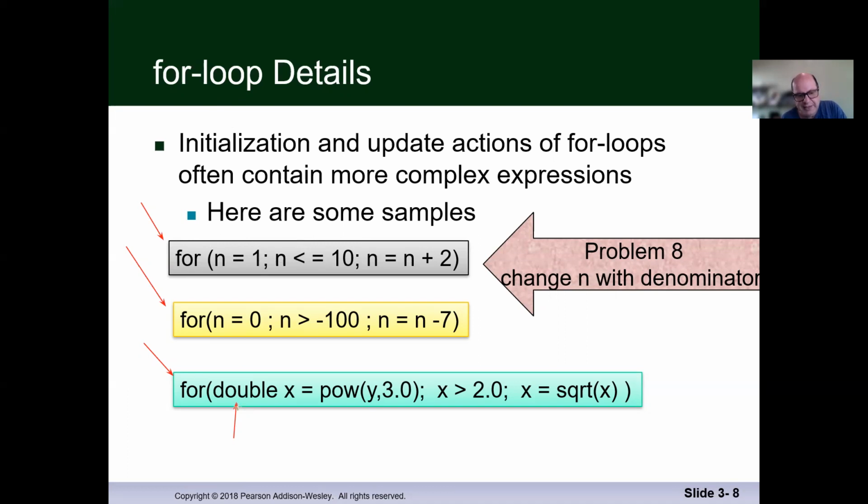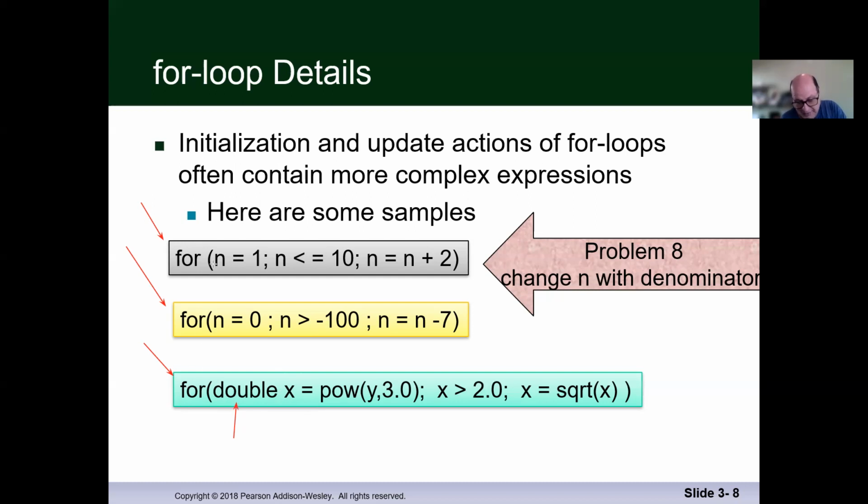Now, if I declare the data type, what's going to happen is it's going to create a new variable here. So even if I had one before, it's not going to affect it. So this double X is going to be born over here, and it's going to die after this for loop. That means this X is not available after the for loop.